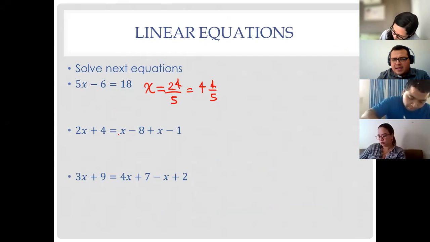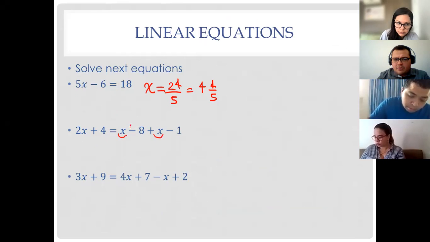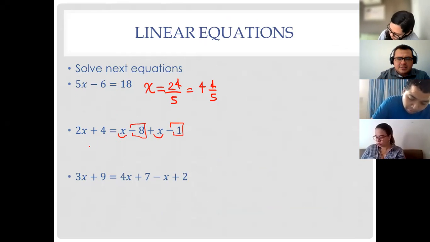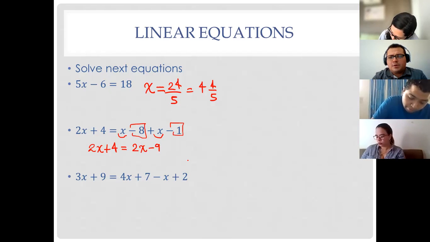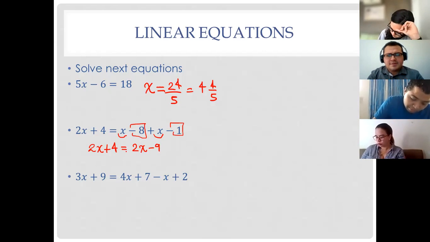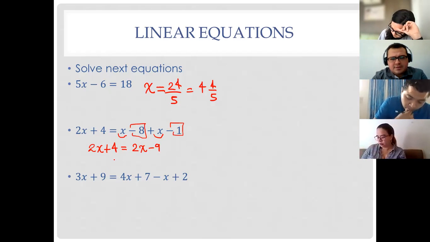On the right side, we have some like terms that we can operate, so I'm going to operate those like terms to see this simpler. You have 2x plus 4 equals 2x minus 9. So what will be the value of x over there? X equals -13.